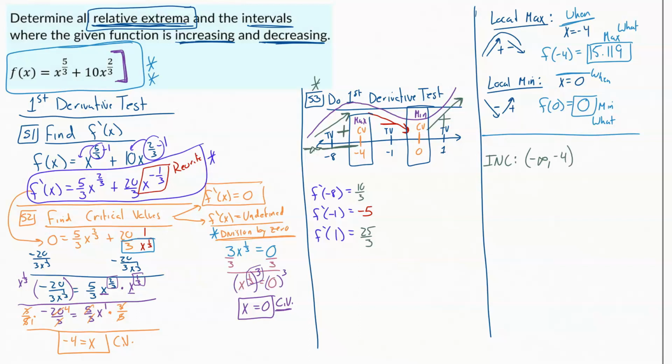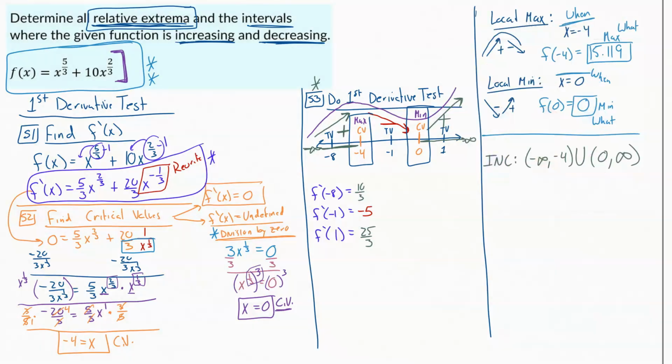At -4, it's not increasing any longer, so you would close that off with another parenthesis, not a bracket. Then we do this union symbol, which means connect it to. And starting again at 0 and heading off to infinity, this is increasing again. So starting at 0 but not including 0 and heading off to infinity.